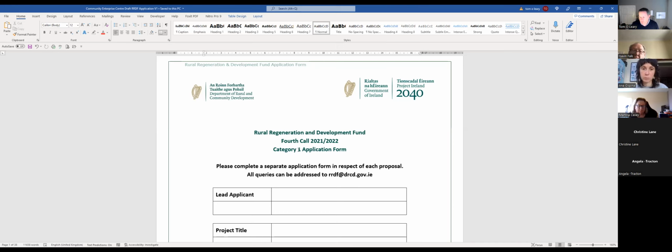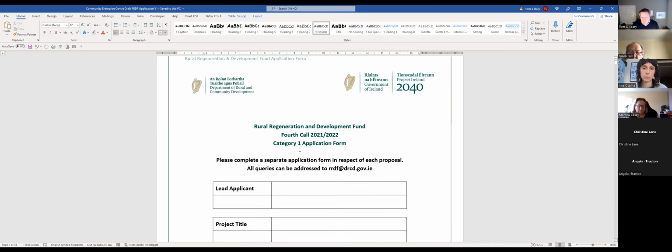It's ready to actually get started. And again, we've been involved in two Category 2 applications that got nearly 400,000 euros to just do professional fees, consultancy and design work. So they're large-scale projects. They're 8 million, 9 million, 10 million plus projects in some cases.